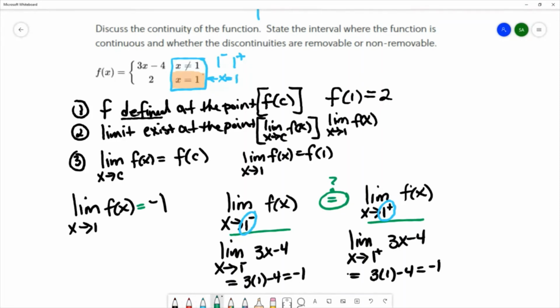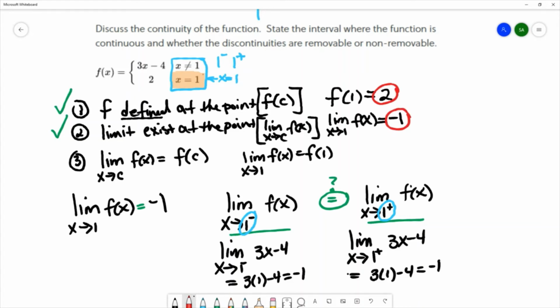So far, we know that the function is defined at 1, the limit exists at 1, and then we need to do the final check of whether the limit agrees with the function value. Remember, we got negative 1 for this limit. So you can see that the function value is 2, and the limit is negative 1.